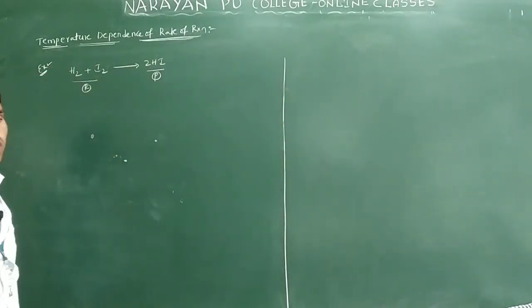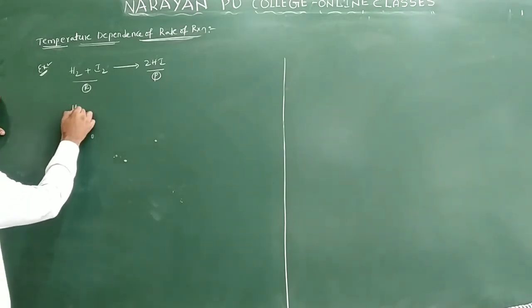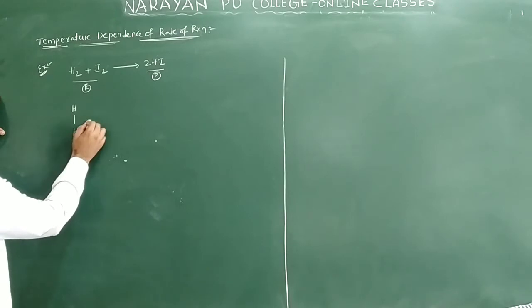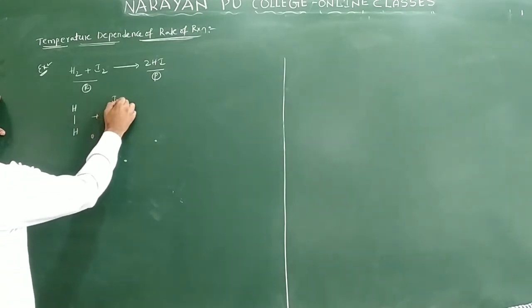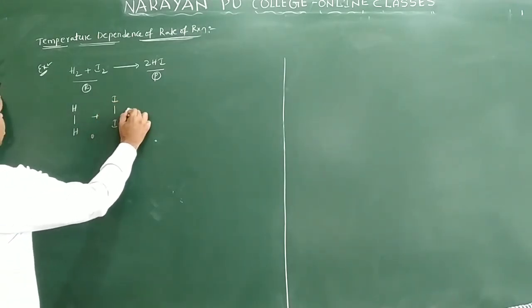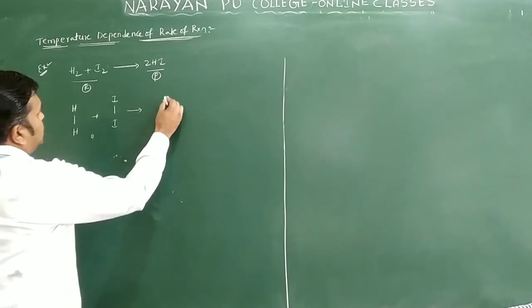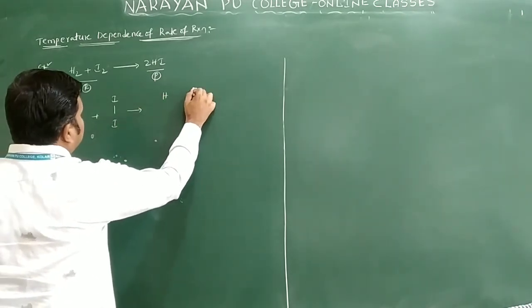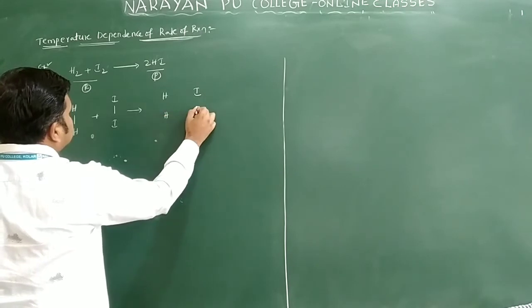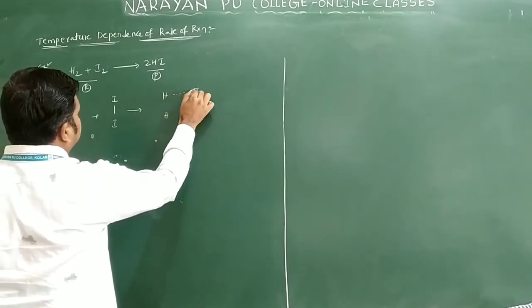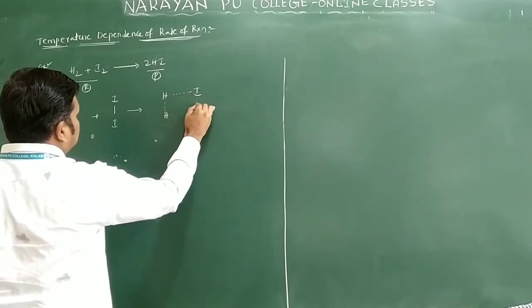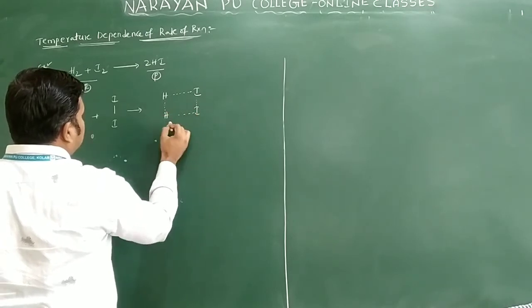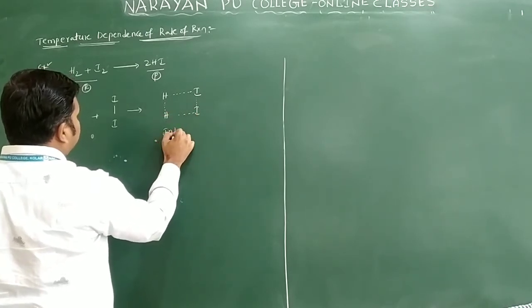I want to explain how it takes place. How many reactant molecules do we have? Two: one is H2 and one is I2. I take this H, and here H is there, combined with I2, that is I and I. So this gives rise to an intermediate.